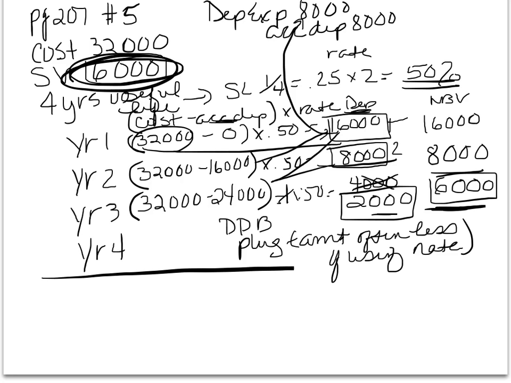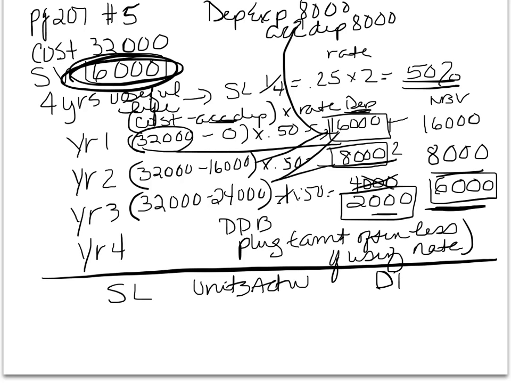And one of the other things I want to mention at this particular point is whether we do straight line, units of activity, or production, or DDB, the total depreciation on the same piece of equipment over time will be the same amount.